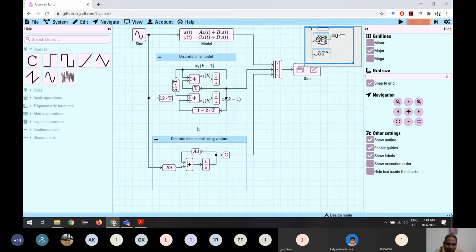And also it's easy for us to understand. We give one delay, and it's the same way we use for the continuous system as well. So it's one technique you learn and apply all the time, so it's easy to understand in the future as well. Yeah. Thank you, Suresh. Yeah, welcome.